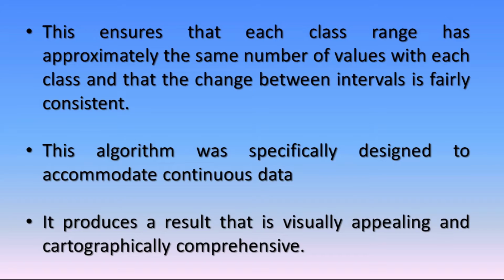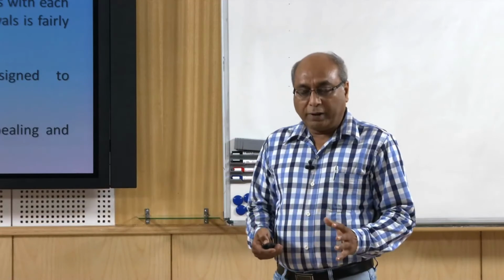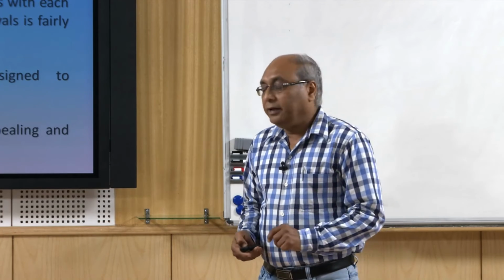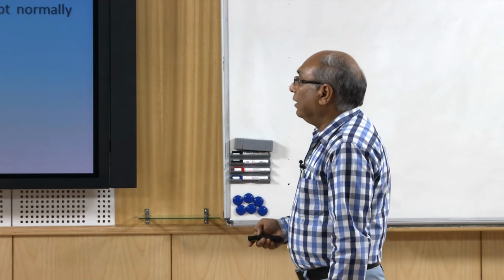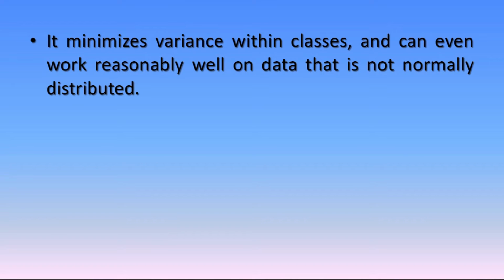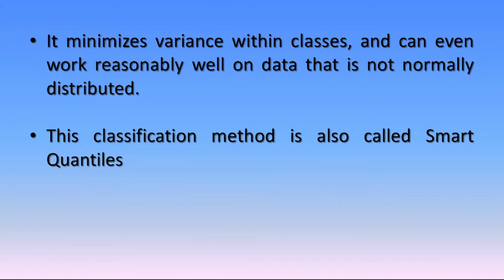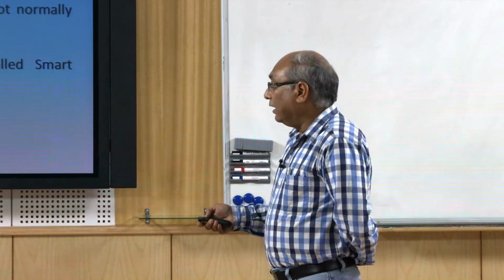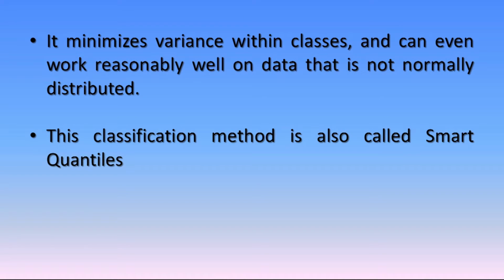That means that not only do the output maps look okay, but cartographically they are also fine. It minimizes variance within the class as already mentioned, and can even work reasonably well on data that is not normally distributed. When data is normally distributed, one should choose another type of classification technique. This classification method is also called smart quantile, a variant of the quantile classification technique.